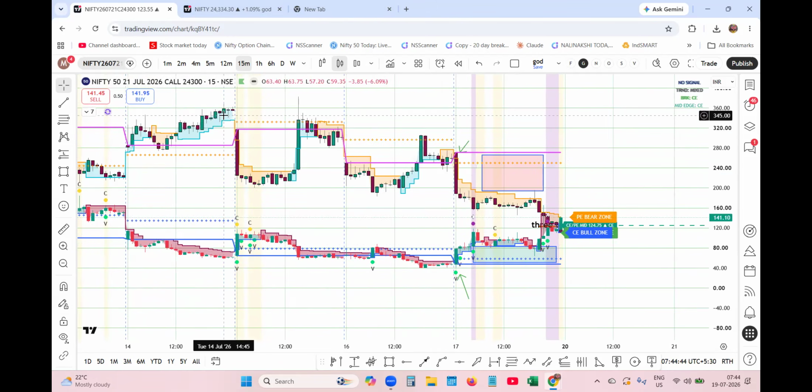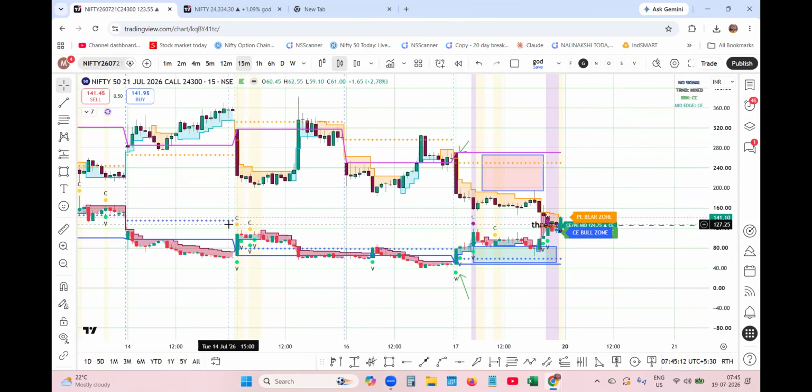And then the put option and the call option came together, but the call option did not move up. It started diverging over here, and the put option dominated in the market. Even though the put option premium came down, they are not converging with each other.